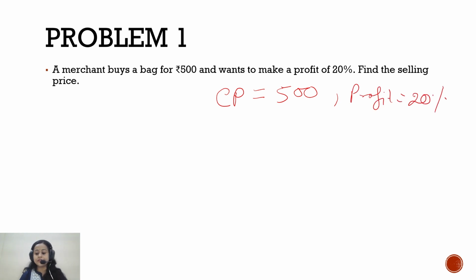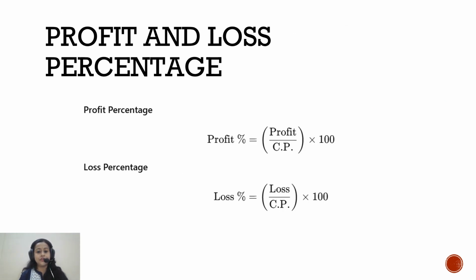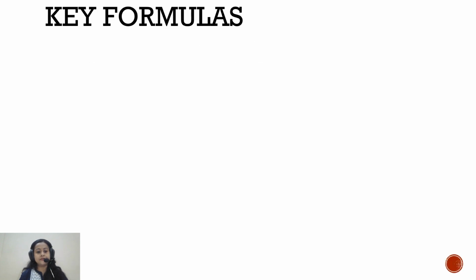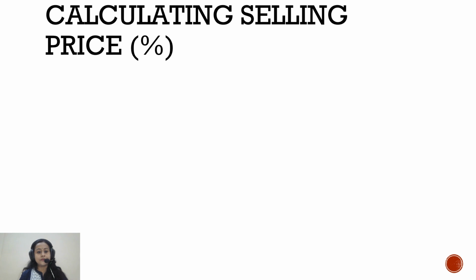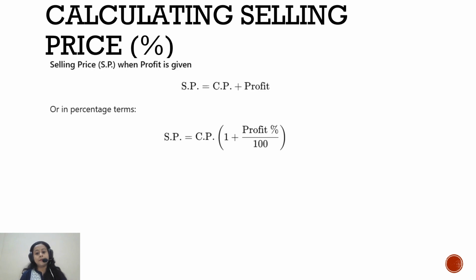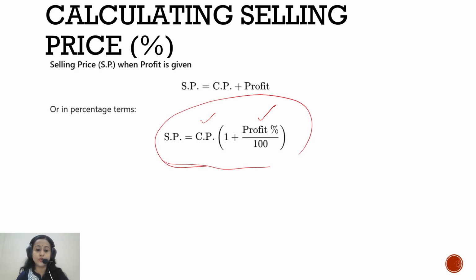Now given this, which formula are we supposed to apply? We have already seen that when profit percentage and cost price are given, to find the selling price, we apply this formula where selling price equals cost price into 1 plus profit percentage by 100.